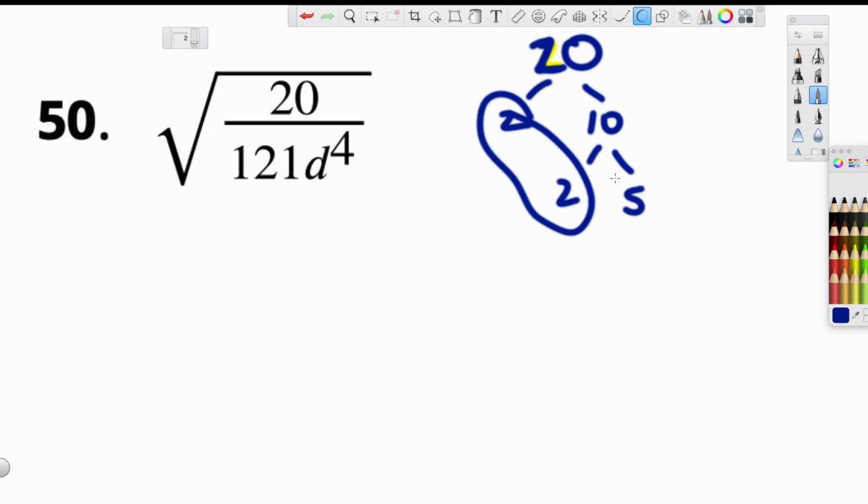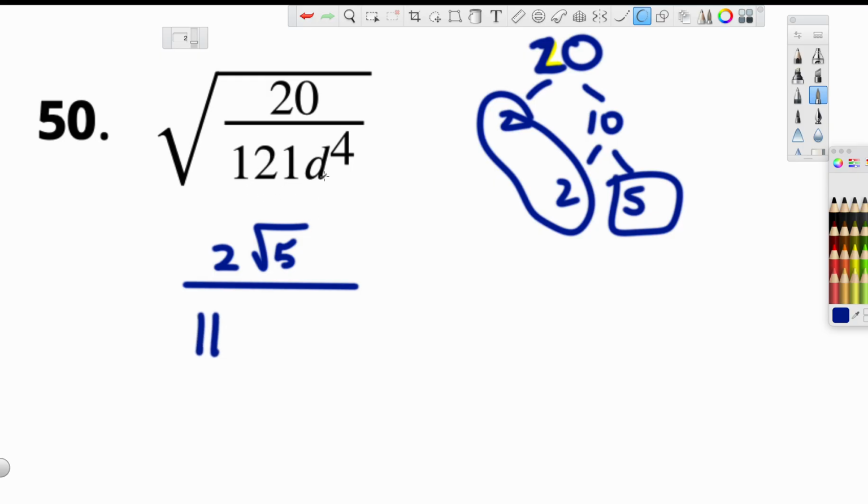I have a pair of 2's and an odd 5. So this is going to be 2 root 5. And then the square root of 121 is 11. The square root of d to the 4th is d to the 2nd. And it doesn't look like anything's going to simplify there. We look pretty good.